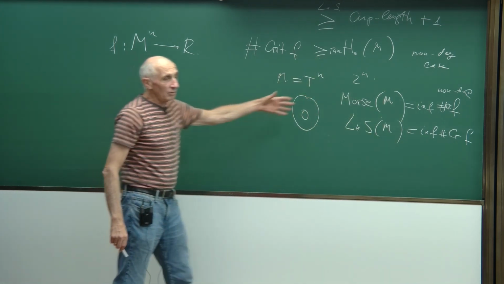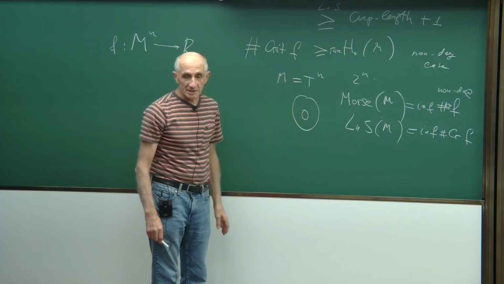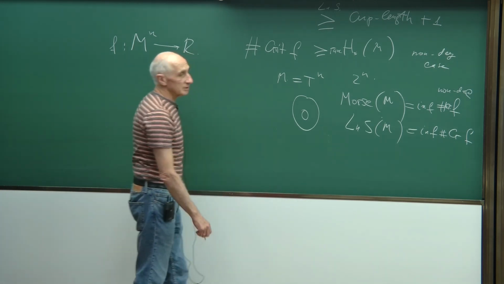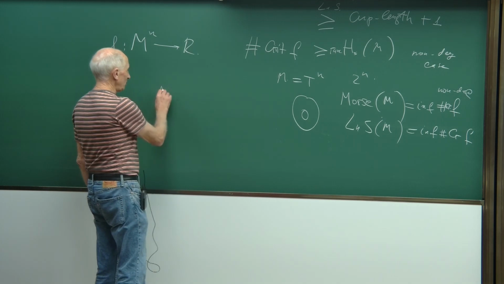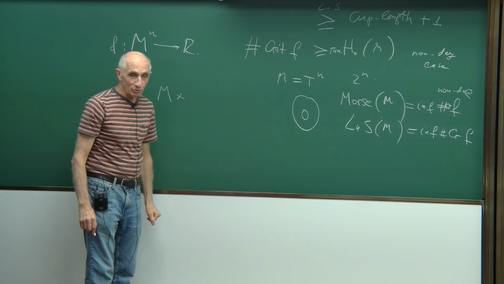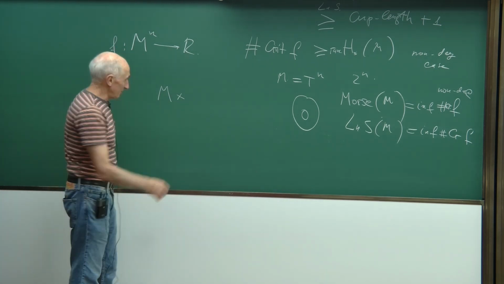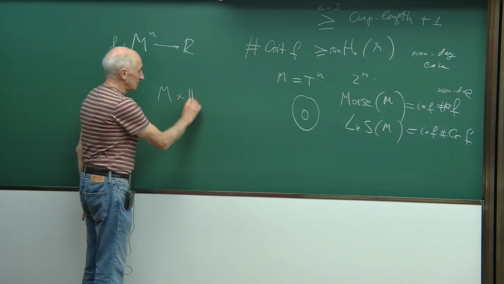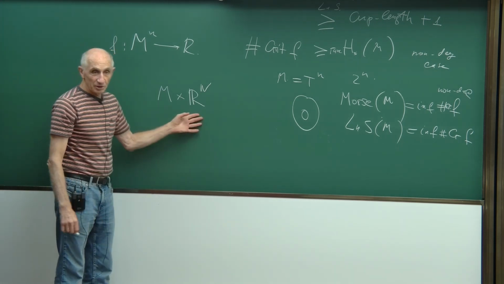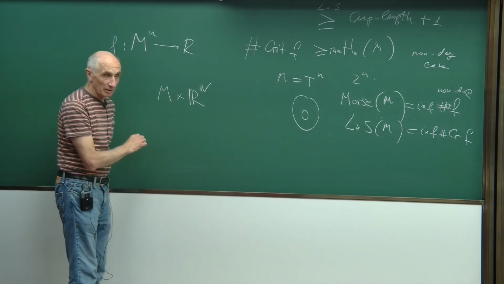Now there is something in topology called stable Morse theory. Stable Morse theory says the following. Take our manifold, and exactly like what I was doing, though it's not clear why it's the same, take the manifold, multiply by R^n, and on this manifold consider a function precisely of the form I described.